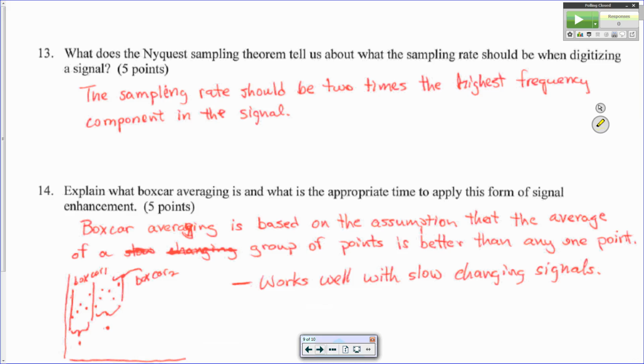All right, 13, what does the Nyquist sampling theorem tell us about the sampling rate when we're digitizing a signal? That the sampling rate should be 2 times higher than the highest frequency component in that signal. So if I've got a signal that has 60, 120, and 400 hertz components, and those frequencies are combined, what type of pattern is that going to produce?